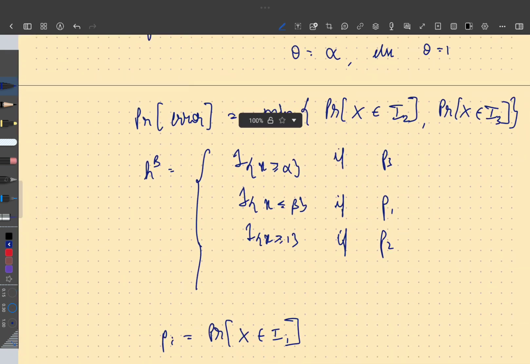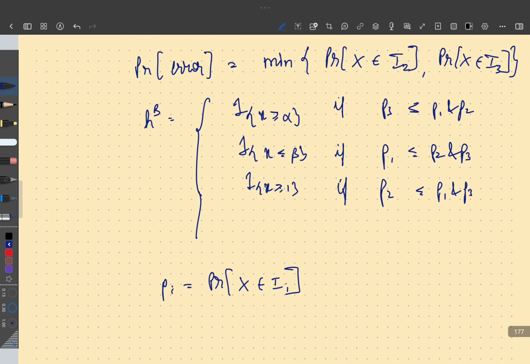So let's say that this is less than P1 and P2, P2 and P3, P1 and P3.